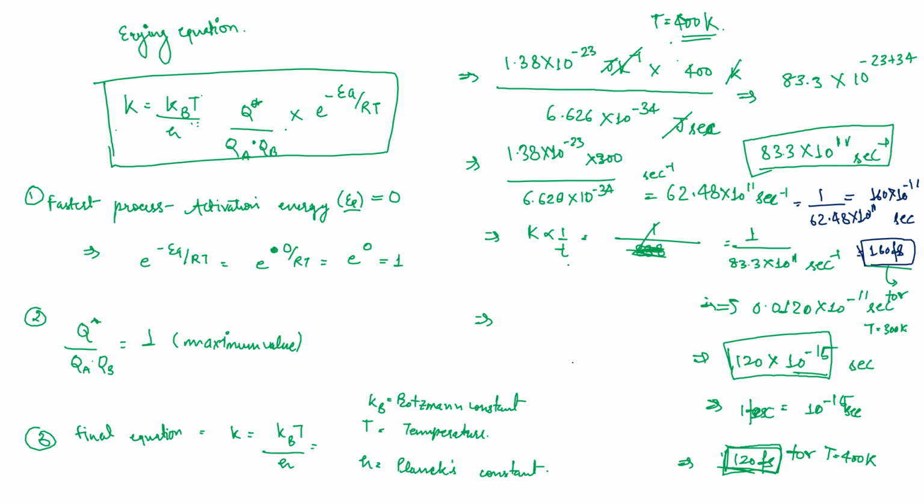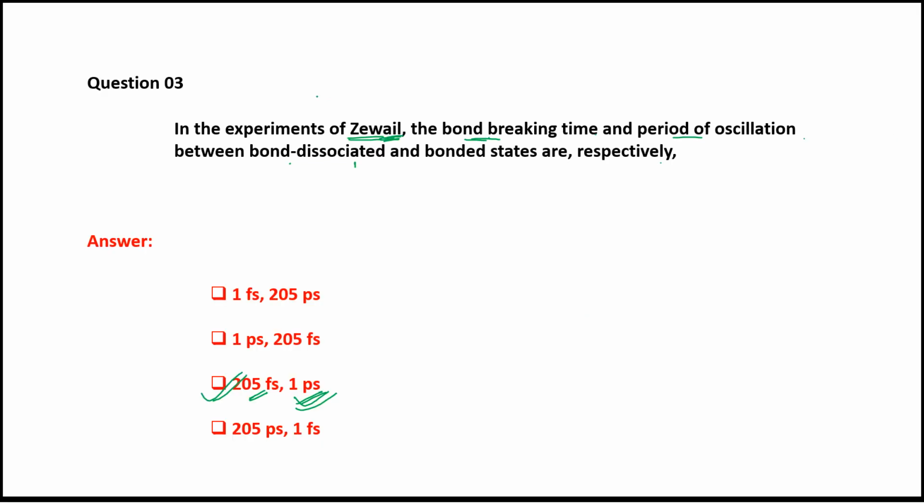The time constant is the inverse of the rate constant. When you calculate it, you just consider that for the fastest process the activation energy is 0, and then you go on to the next question, 3.